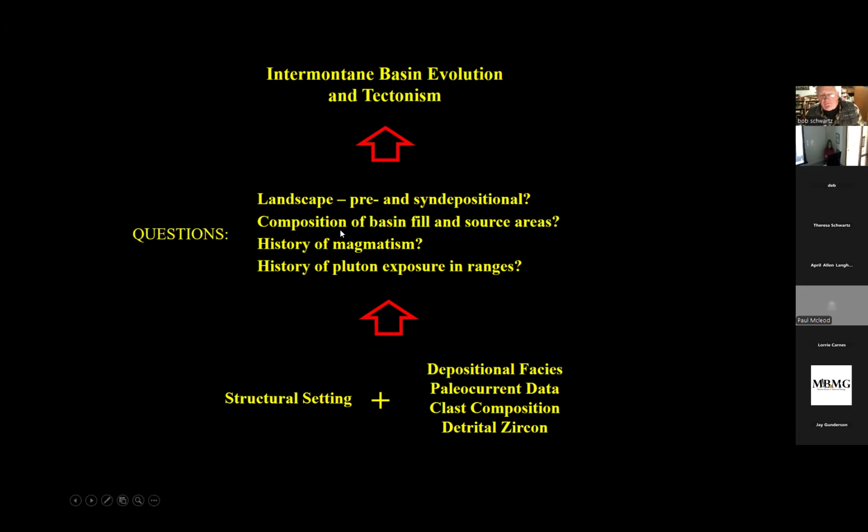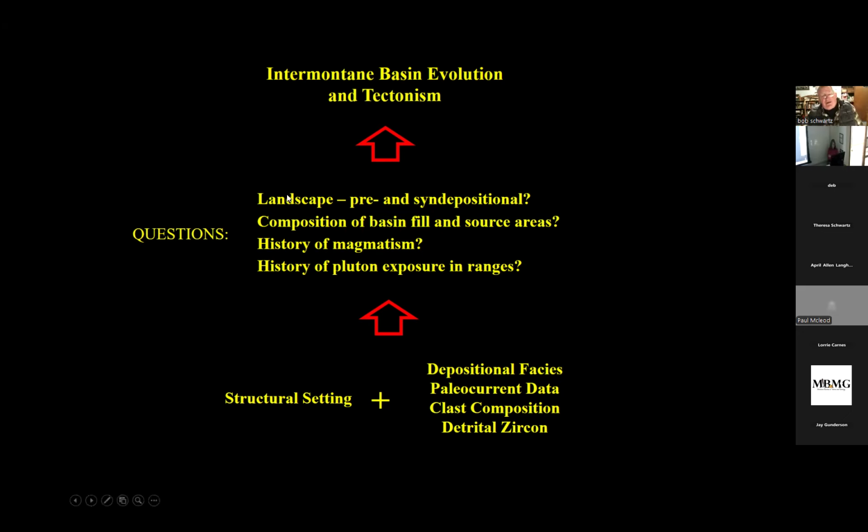Compositional data, the composition of the basin fill and the source areas, provide input for those topics. The history of magmatism has to be addressed, as does the history of pluton exposure in the various ranges. And one of the things we'll see is that by the time of earliest deposition, granitic plutons were exposed in all mountain belts surrounding the intermontane basin.